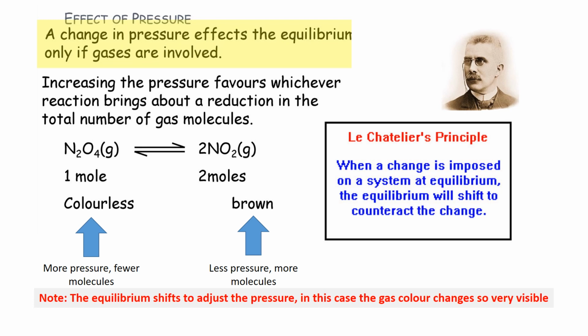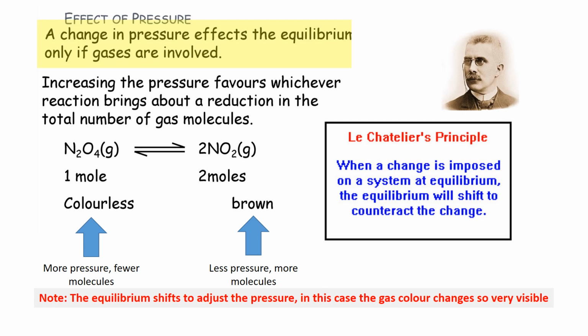Each of these particles is an individual molecule. In each of the molecules there's 1 nitrogen and 2 oxygen atoms. So there's actually 2 molecules, or moles, here, and only 1 mole here.